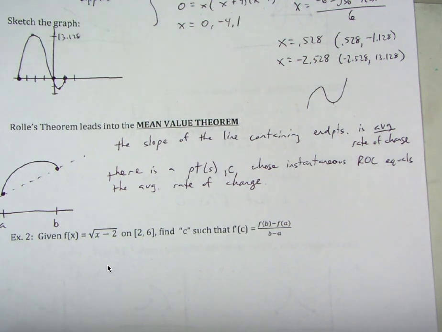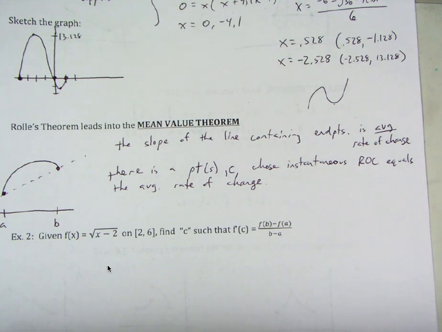So there's at least one point whose instantaneous rate of change, that means slope of the tangent line, equals the average rate of change.